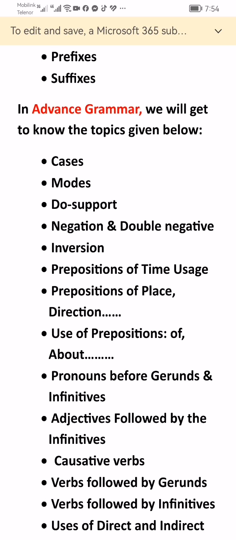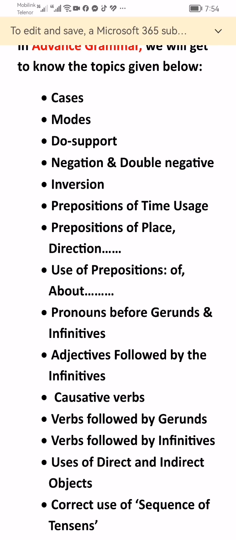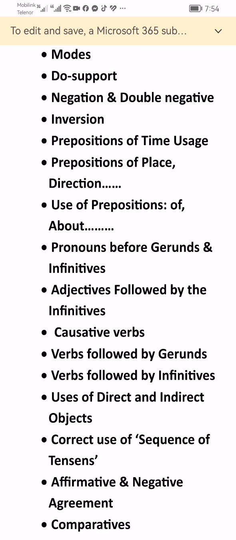Then we will discuss pronouns that are used before gerunds and infinitives, adjectives followed by infinitives, causative verbs, verbs followed by gerunds, verbs followed by infinitives, and there are specific verbs that are followed by either gerund or infinitive. So we will discuss all these verbs.